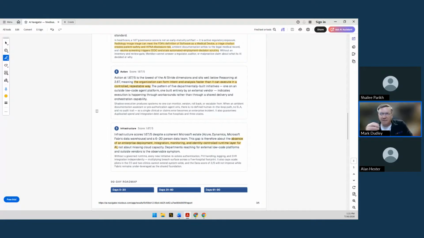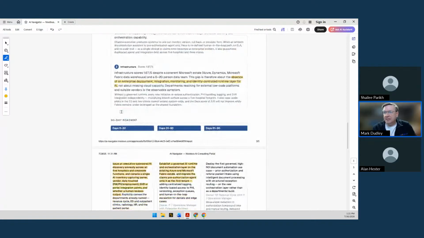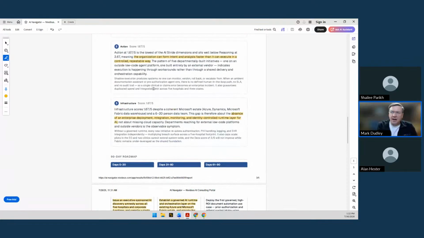And that is not unusual. We see that a lot with customers, given the diffuse nature of these tools and the accessibility of them. We often see governance lagging behind when that action is being taken. And again, from an infrastructure standpoint, you'll notice that there's plenty of capability. There's just a lack of focus and emphasis on using that infrastructure for their AI projects.